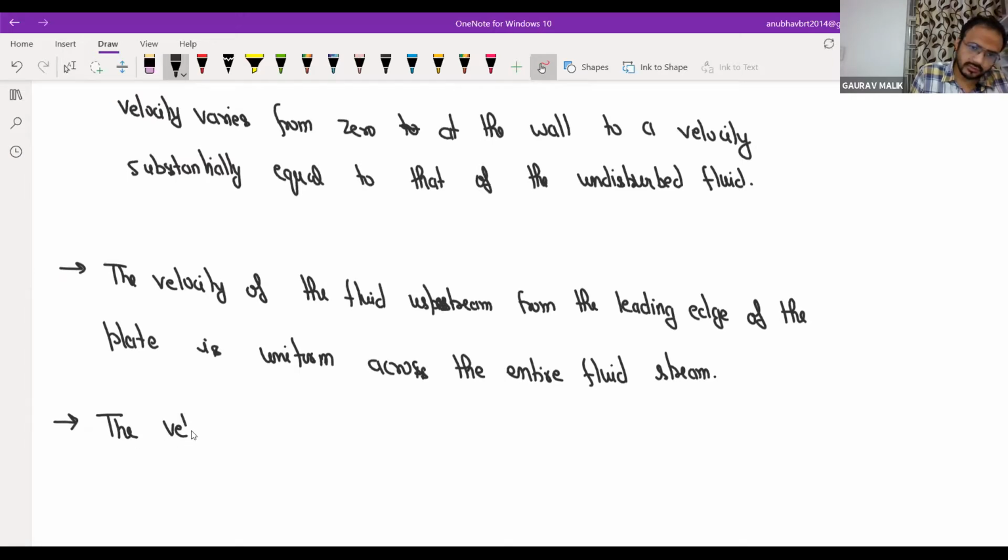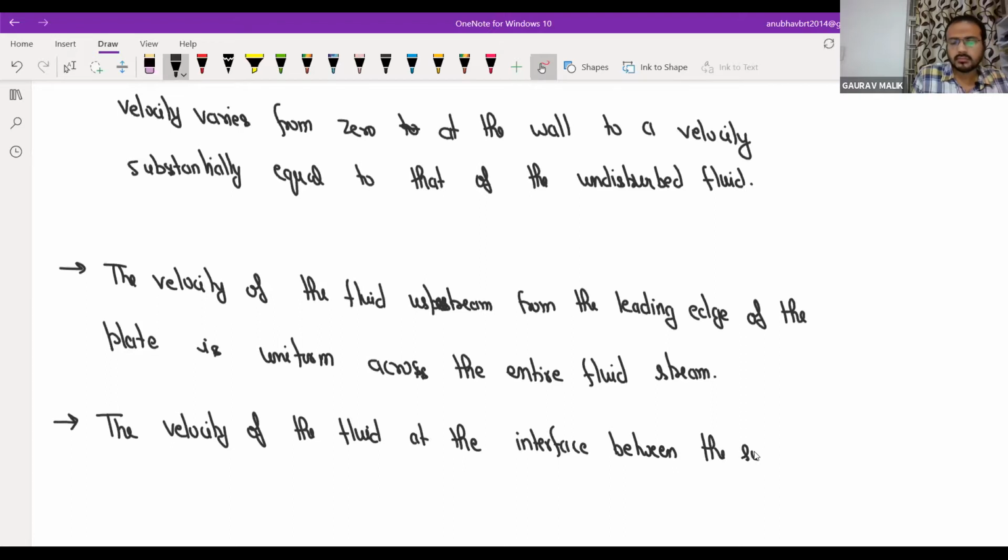The velocity of the fluid at the interface between the solid and fluid is zero.